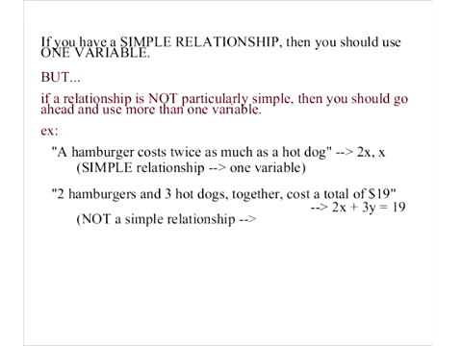So in this case, multiple variables are okay. But this is pretty much the only case in which you are all right with multiple variables, is if a simple relationship just isn't happening. So any questions about this simple relationship, one variable? This is probably the single biggest way to save time when it comes to word problems. Any questions about it?